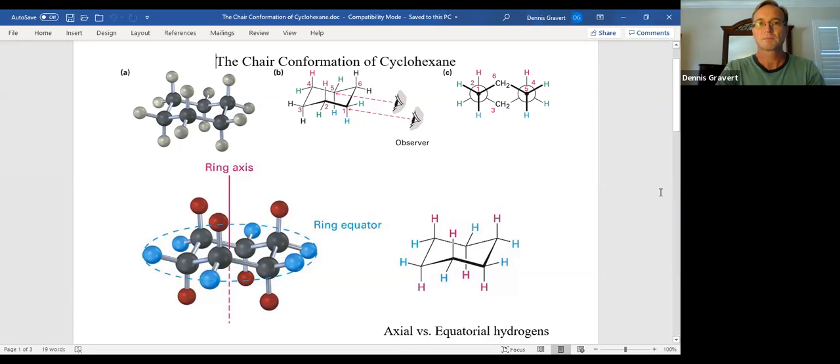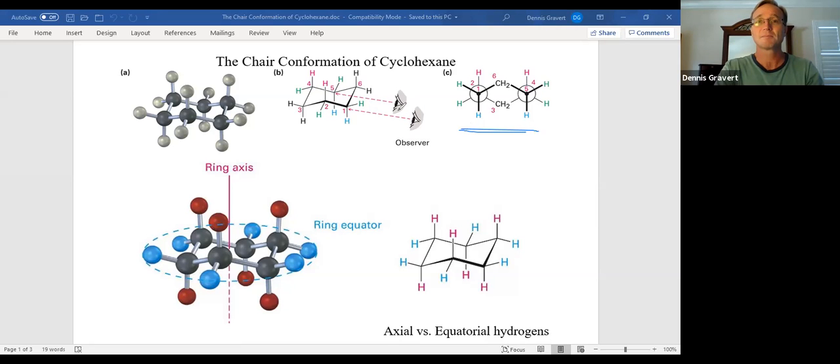Some quick information about chair conformation cyclohexane. Let's just go through this real quick. There's some interesting information here. In a previous video, we talked about Newman projections. So these are Newman projections, two of them side by side.